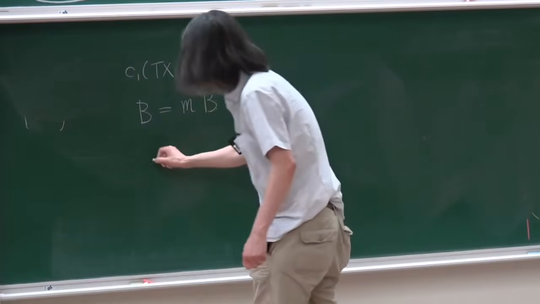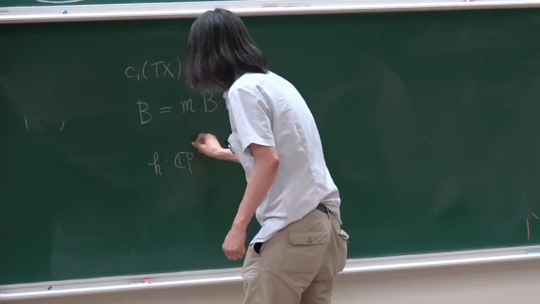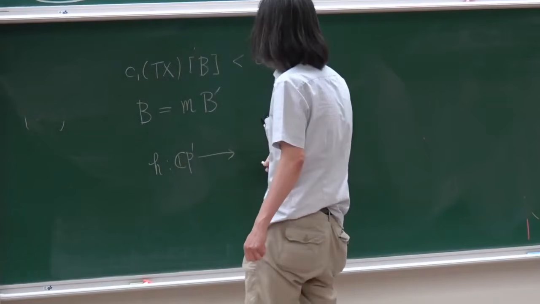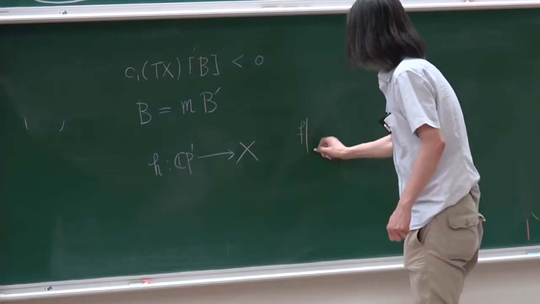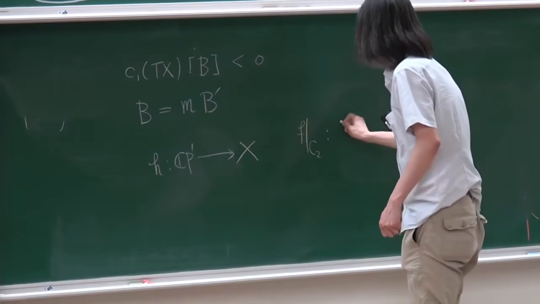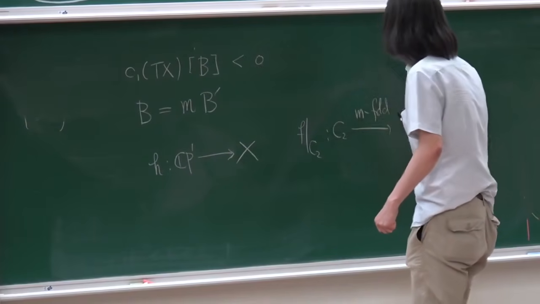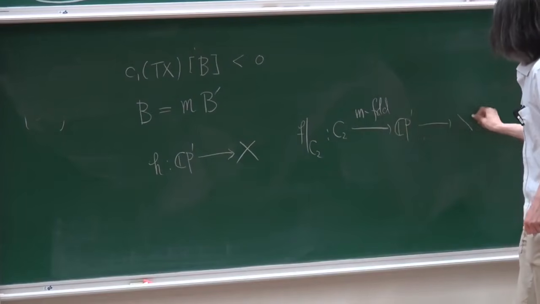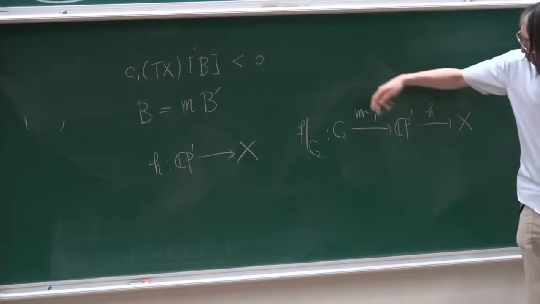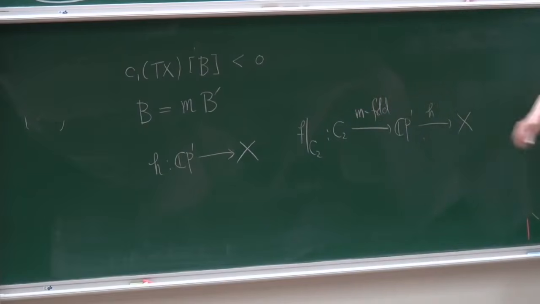So I have another map h from CP1 to X, so that f on the second component is a mapping like this. So it factors through this m-fold branched cover and maps to X.